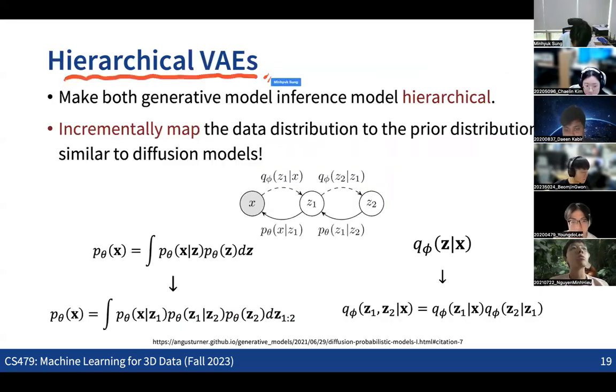We are not using a single transition, but stacking multiple transitions, so that we can use Gaussians for each of the steps and get a better mapping from the data distribution to the probability distribution and also the other way around.